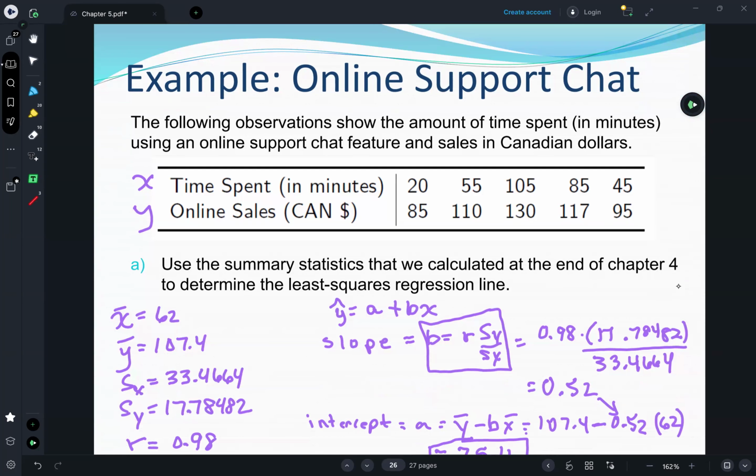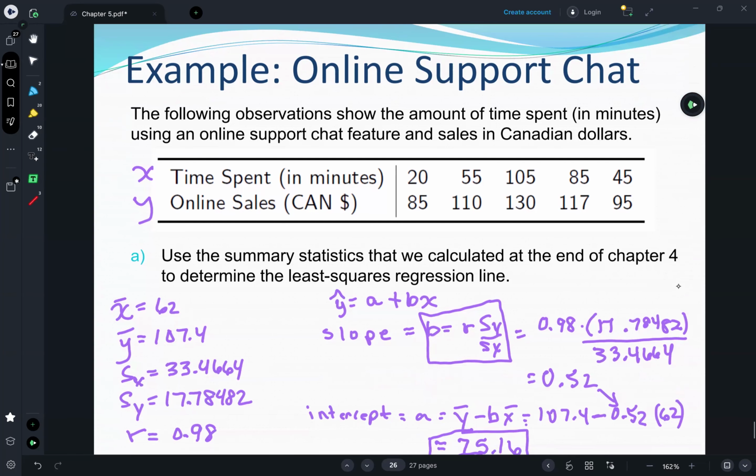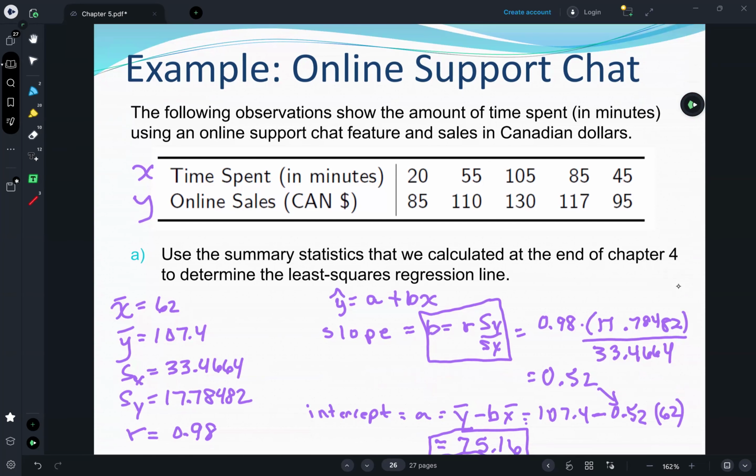We have time spent X and Y, online sales. We calculated at the end of chapter 4 for the example, all of these summary statistics. And then from those summary statistics, we can calculate the slope. We ended up with 0.52. And for the intercept, we ended up with 75.16.